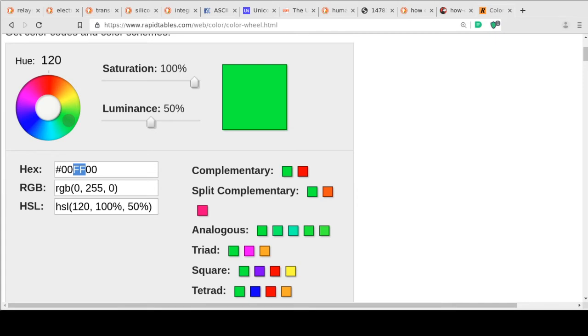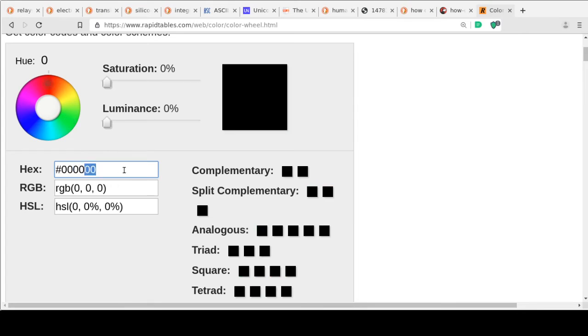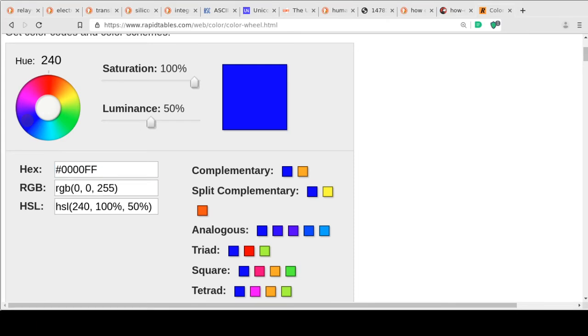It's maximum. It's like 8 ones in a row in binary. So this says I've got no red, I've got maximum green, and no blue, and that's what you would see there. And then finally, we could go no red, no green, and maximum blue, and there you go, you can see that it's blue.